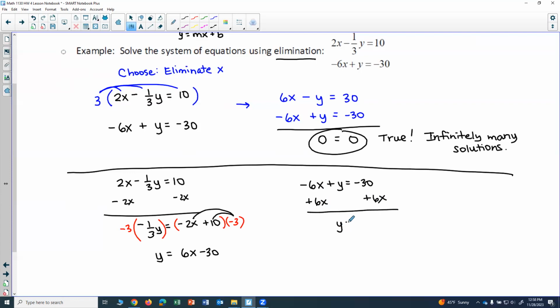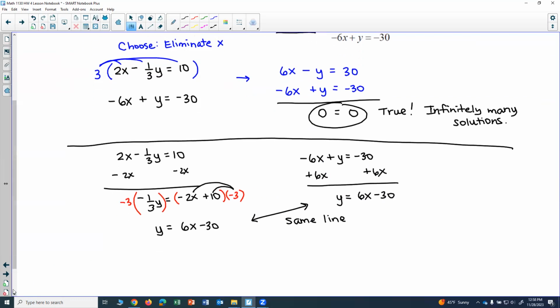And so I get y equals 6x minus 30. These are the same line. Geometrically, that's what it means when there are infinitely many solutions, that the two lines are actually the same. So you would say all solutions satisfy y equals 6x minus 30.